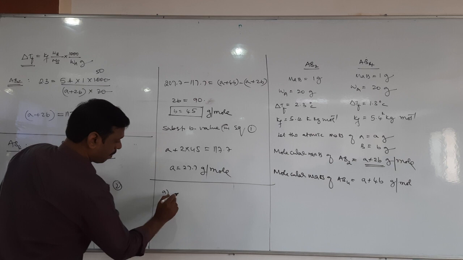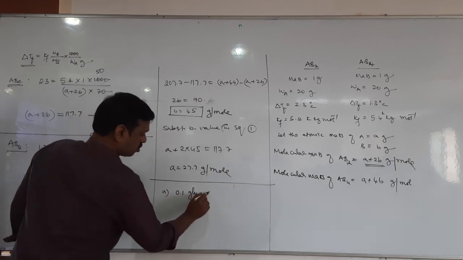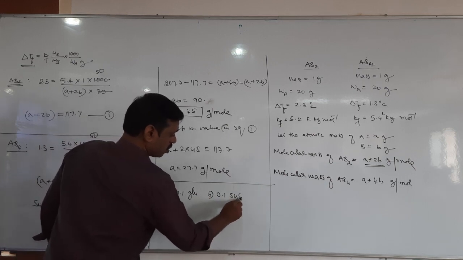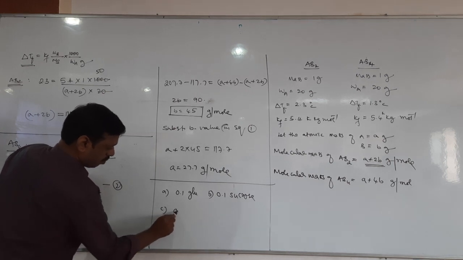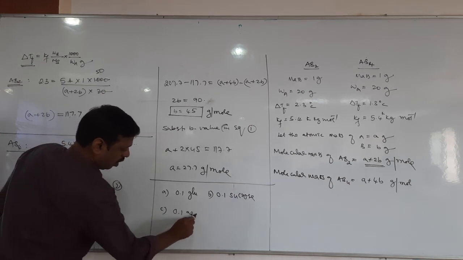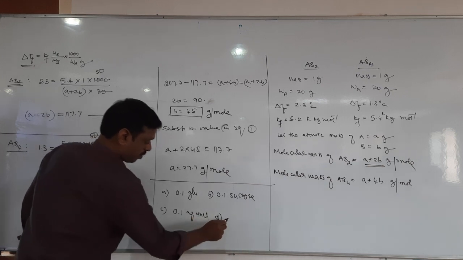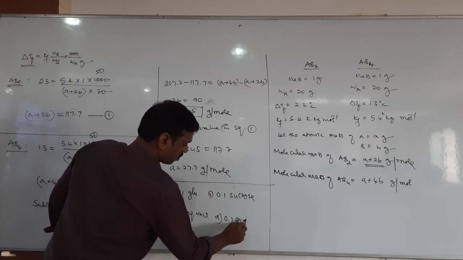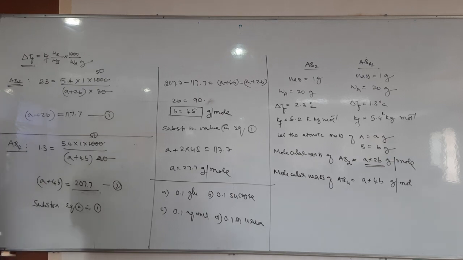A 0.1 glucose, B 0.1 sucrose, C 0.1 aqueous NaCl, D 0.1 urea. Which one has highest boiling point?